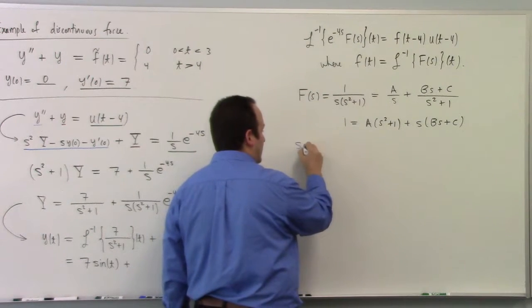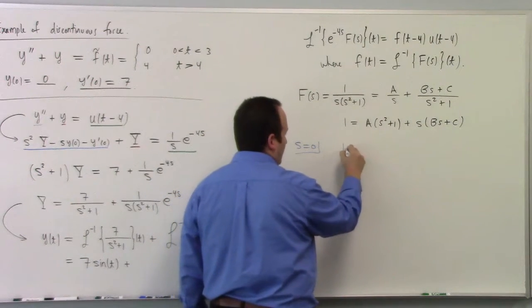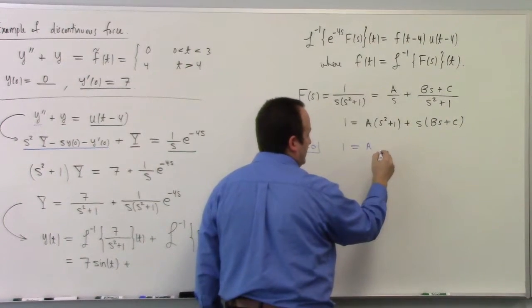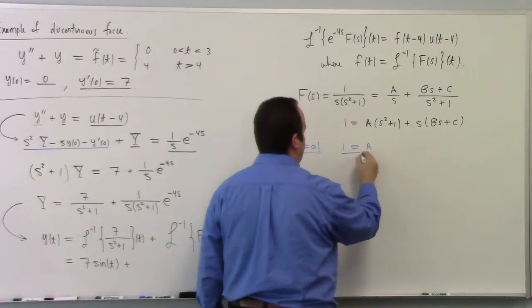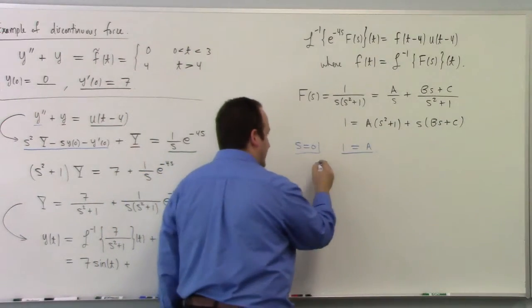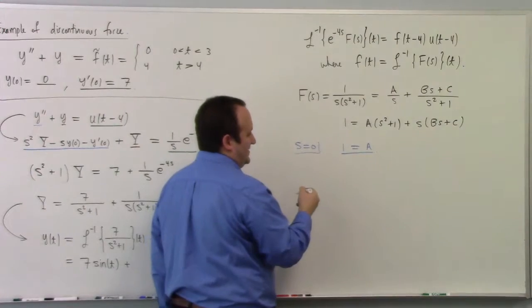So let's see here. S equal to 0 gives us 1 is equal to A plus 0. Yeah, I like this equation. Okay, so A is 1. And then the other ones are less pleasant.